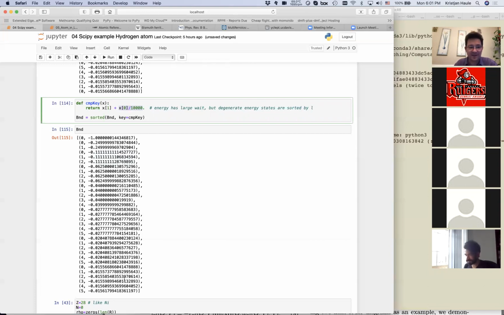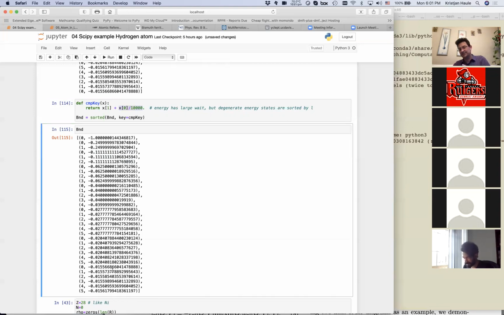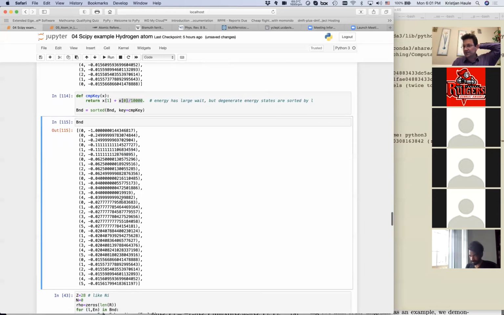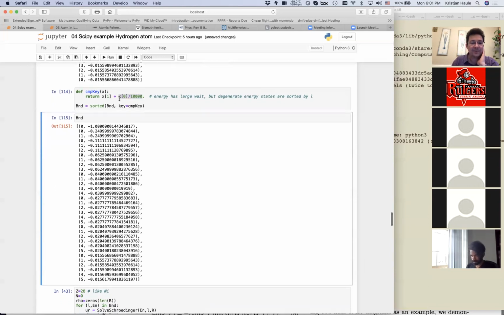So we want to be a bit careful. This number has to be small enough that it only corrects the accidental degeneracies of the states. Okay, and since the splitting between the energies is still substantial, I guess it's still bigger than 10 to the minus 3, this works pretty well. Okay, so this is now sorted.